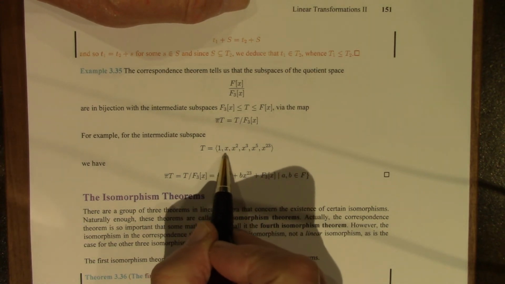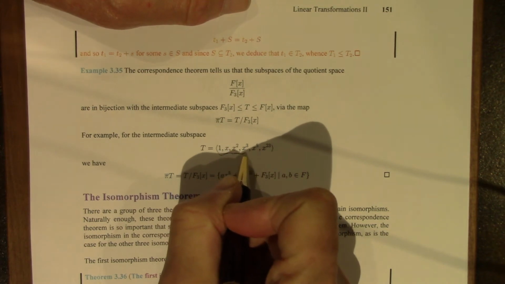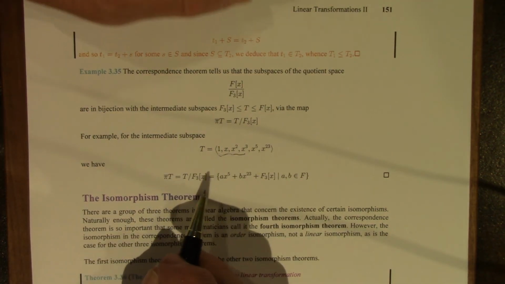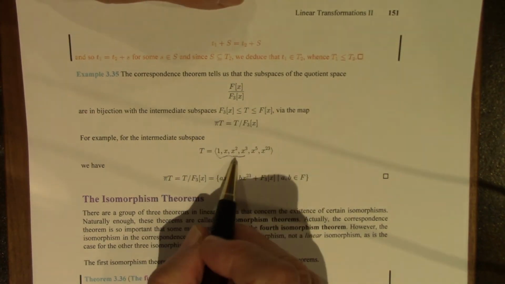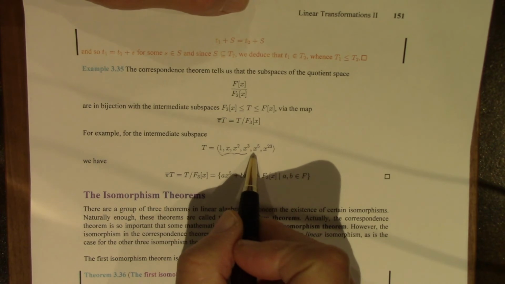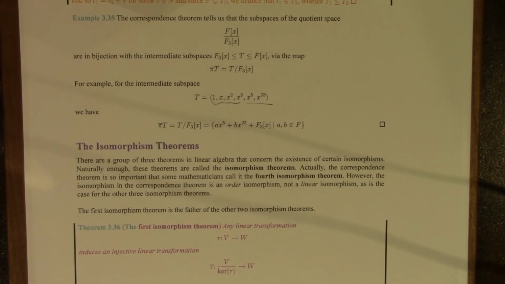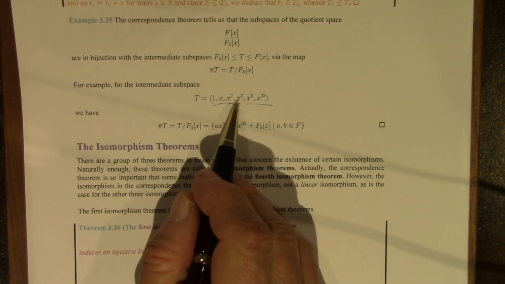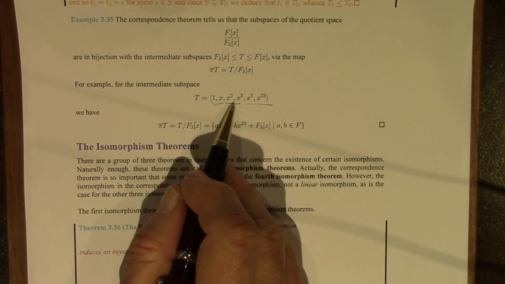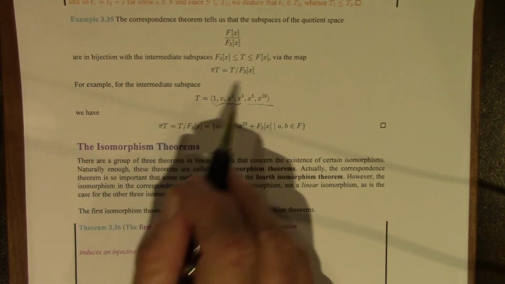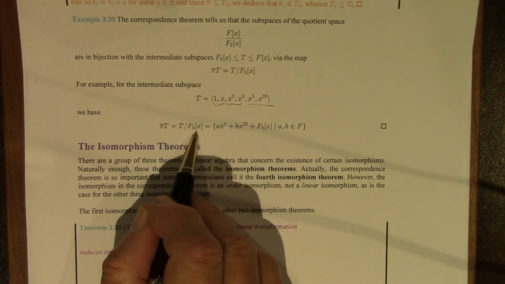This group of vectors there guarantees that F3[x] is contained in T. I just stuck those in randomly. Could be anything. Pi bar, the induced projection map, sends this subspace to its quotient space.